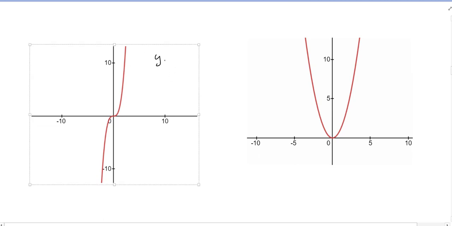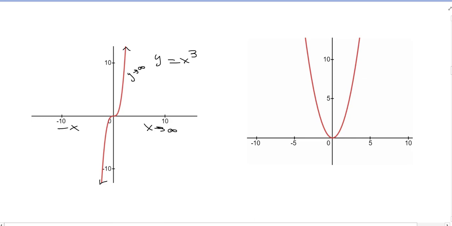So this is y equals x cubed, but a lot of odd power functions will have this behavior where, as x goes to infinity, for y equals x cubed, notice that y goes to infinity. As x goes towards negative infinity, the y values go towards negative infinity.